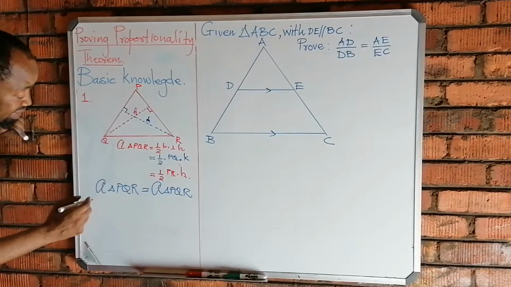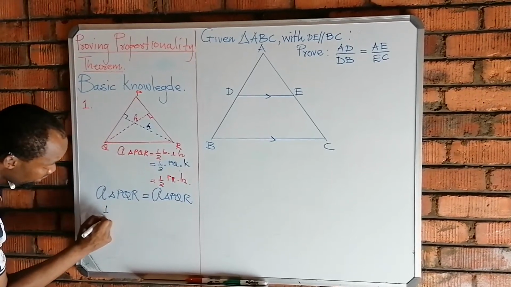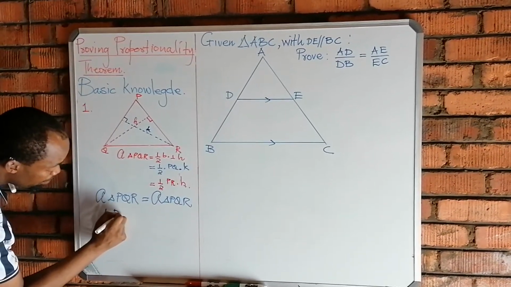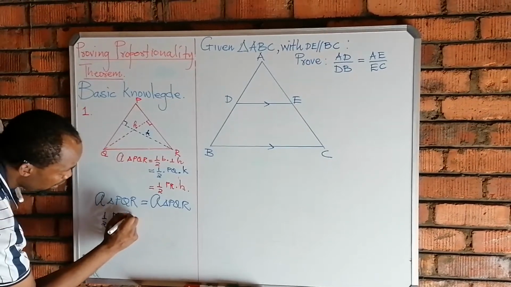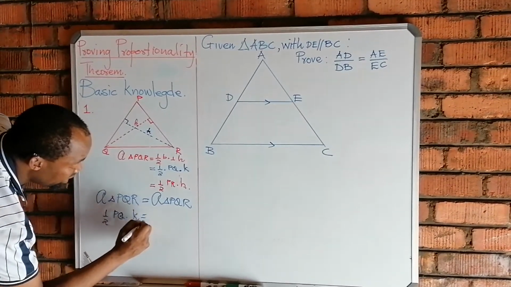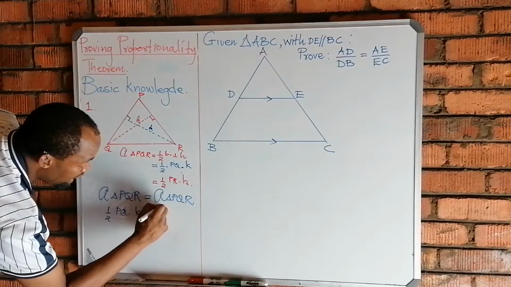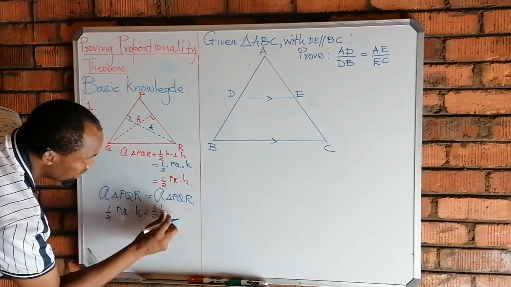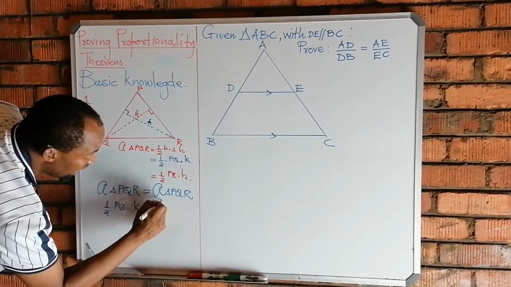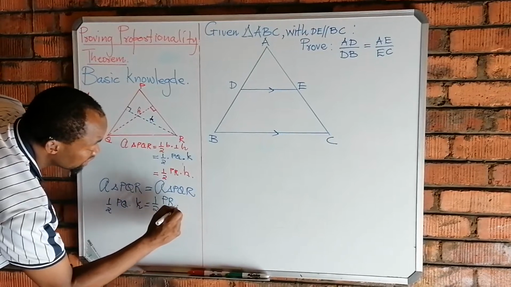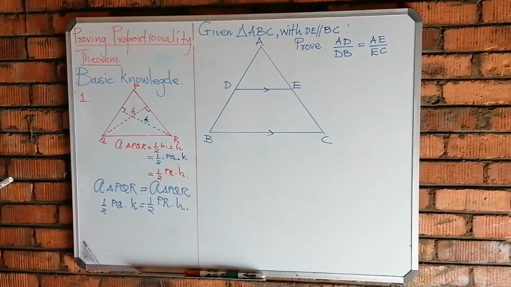Now, in this case, I have half base PQ multiplied by K, which is equals to half base PR, which is multiplied by H.